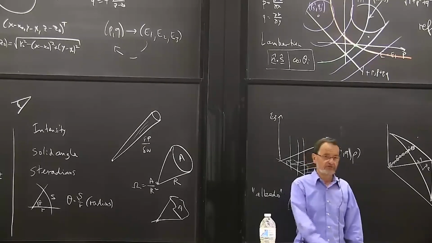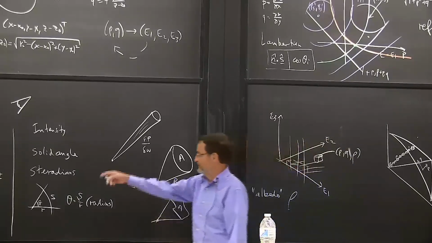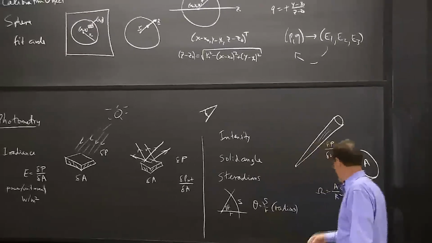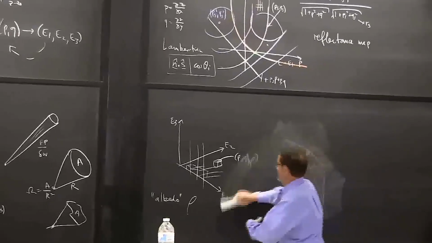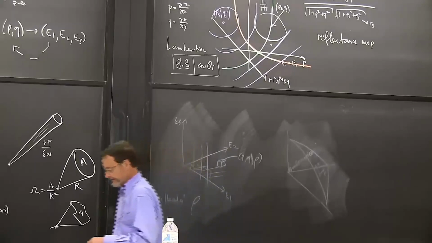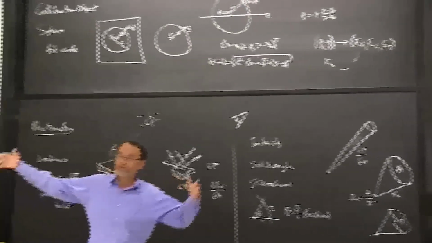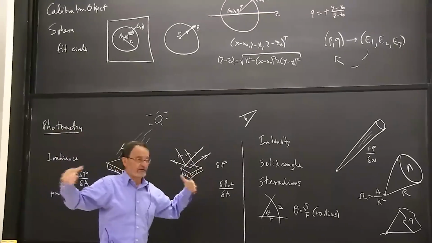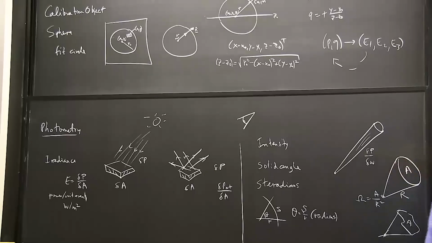So it's 4 pi. The set of all possible directions around me, if I'm radiating energy, is a solid angle of 4 pi. If I'm only worrying about light coming from the sky, that's a hemisphere, so that's obviously 2 pi steradians.